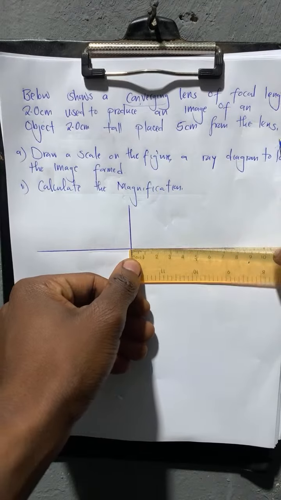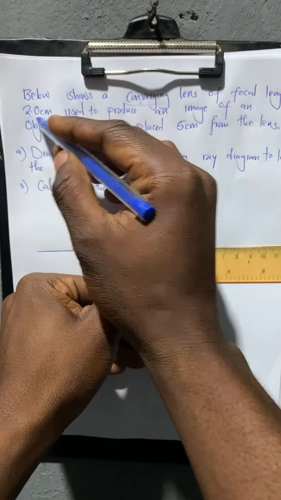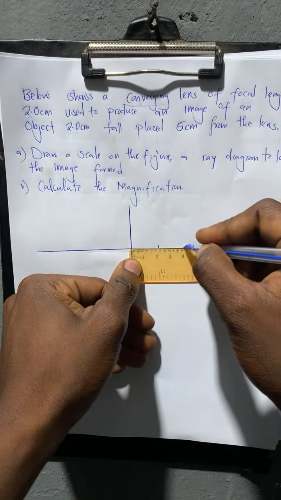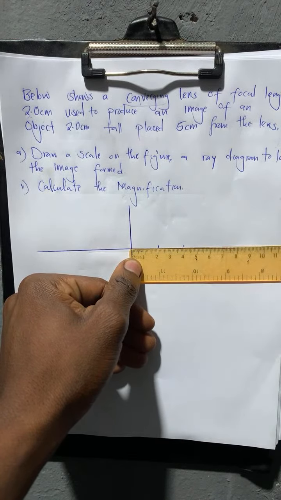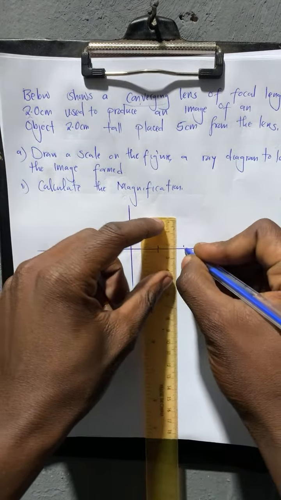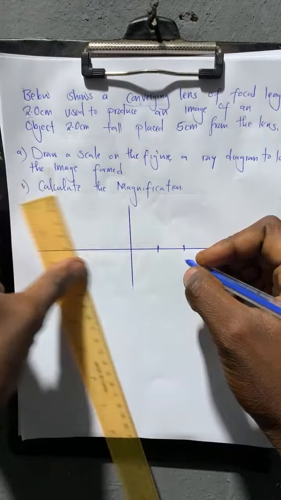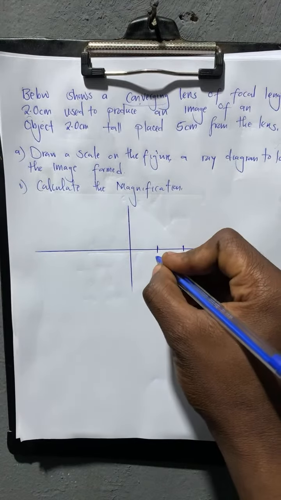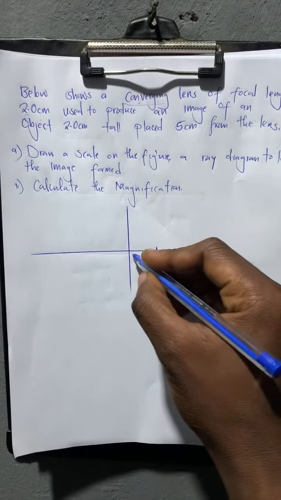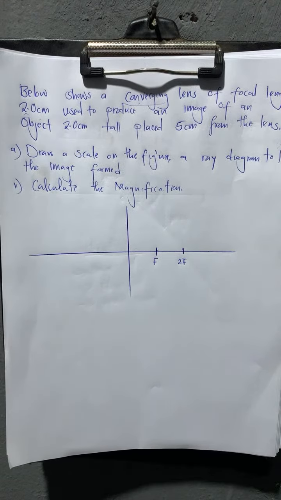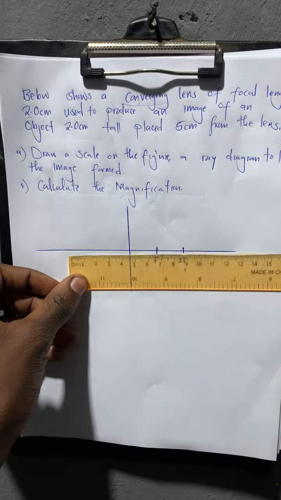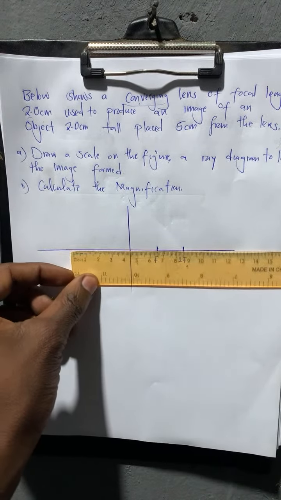They are saying that the focal length must be 2 centimeters. So the second one will be another 2, so it will be at 4. Are you seeing that? So 1 and 2. The focal length, meaning it is F here. Here you have got 2F. This is 2 centimeters. Even this side is 2 centimeters, you start from 0.